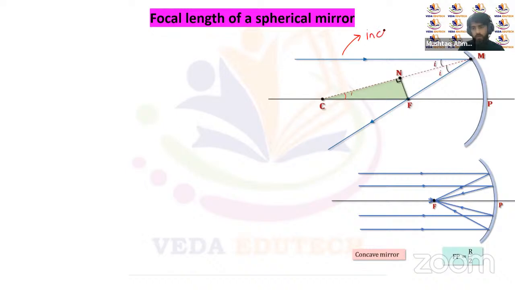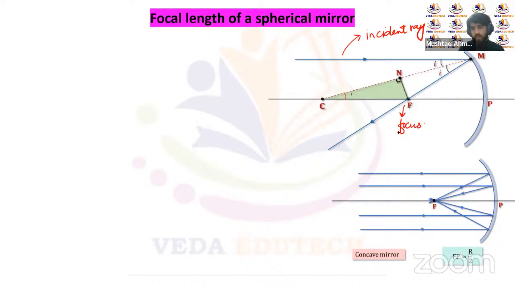It strikes the mirror at point M, follows the laws of reflection, and passes through the point F, which is called the focus.